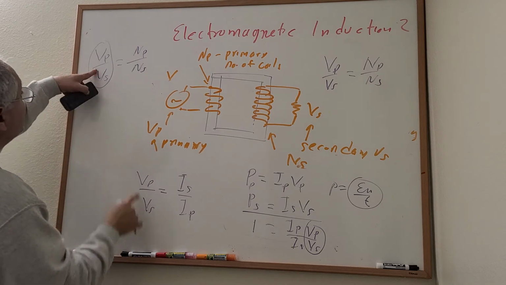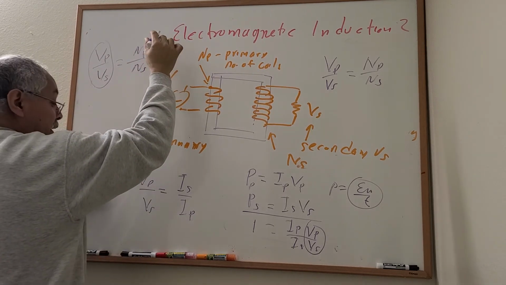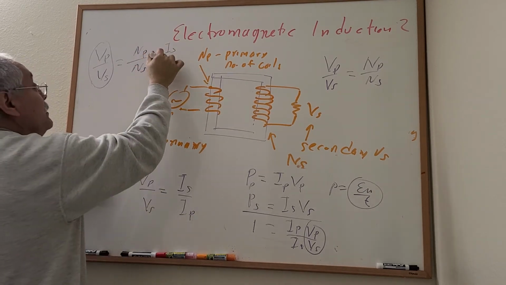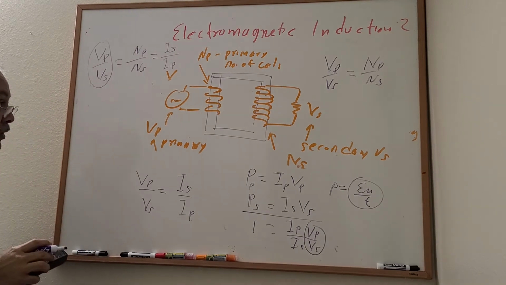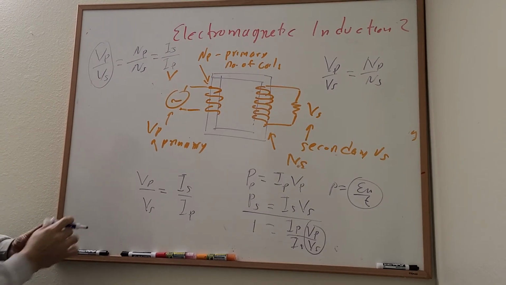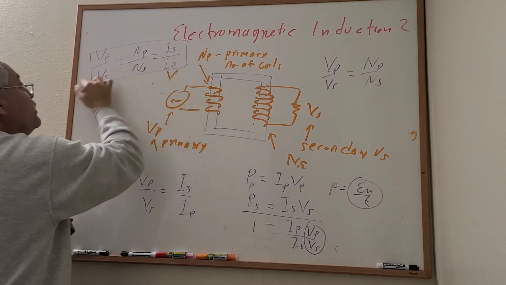But this is the same as NP over NS, so it's equal also to the current in the secondary coil divided by the current in the primary coil.